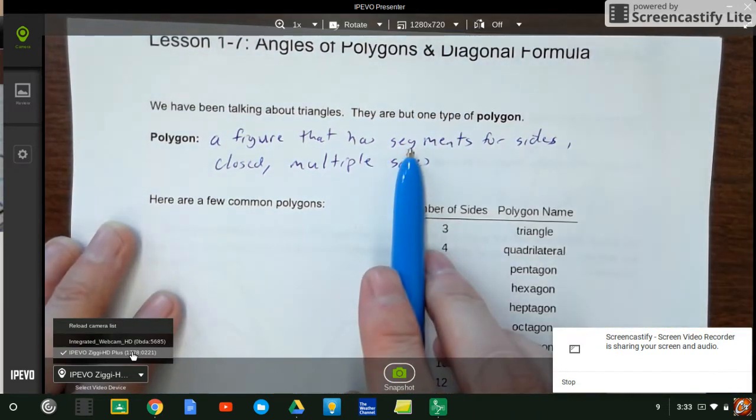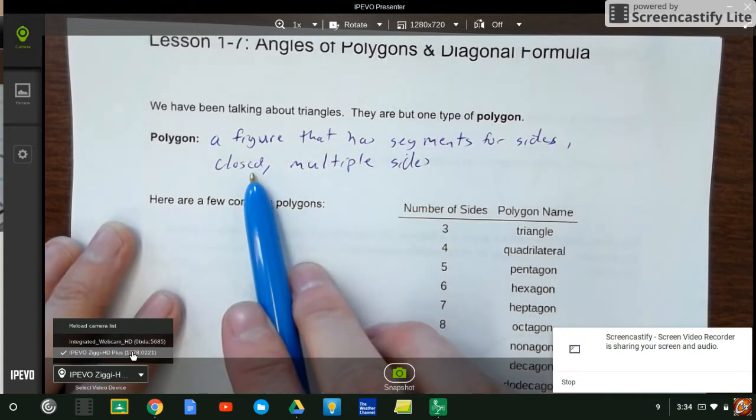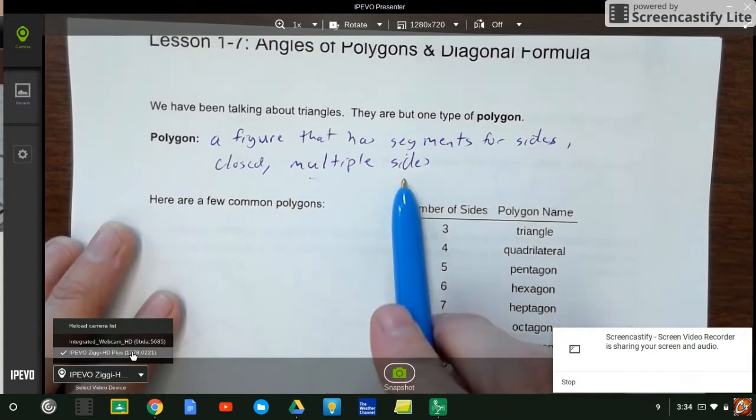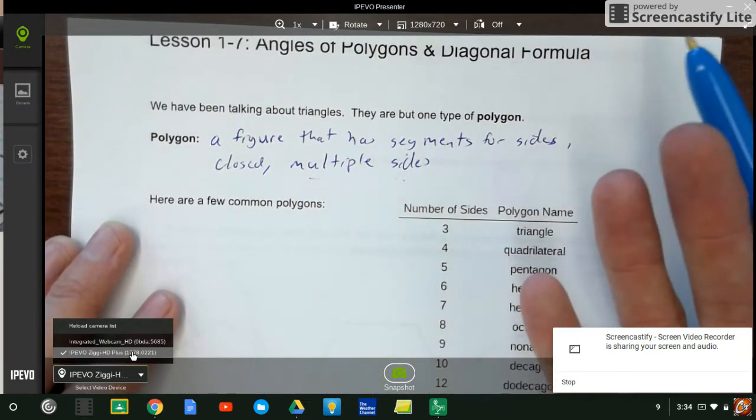Okay, so we got to have segments. You can't have a curved side or anything like that. You got to be closed. You can't have a polygon that has one side opened up or something like that. And multiple sides. 3 is the least number of sides, and it goes up to infinity from there.